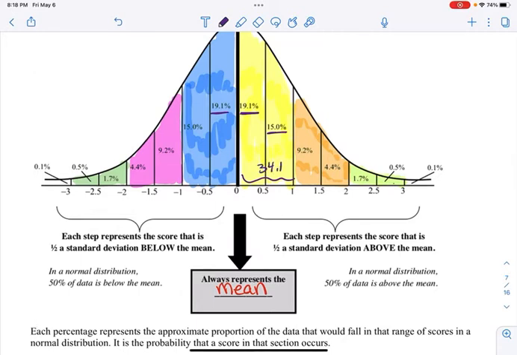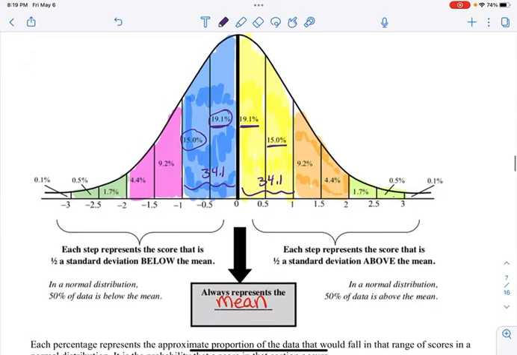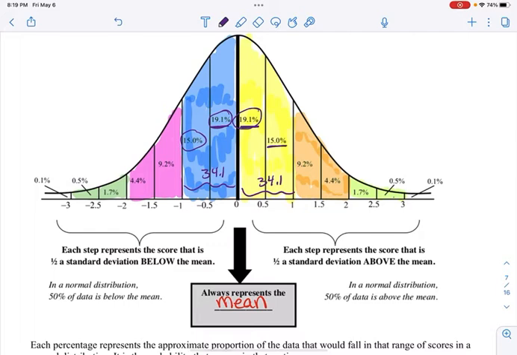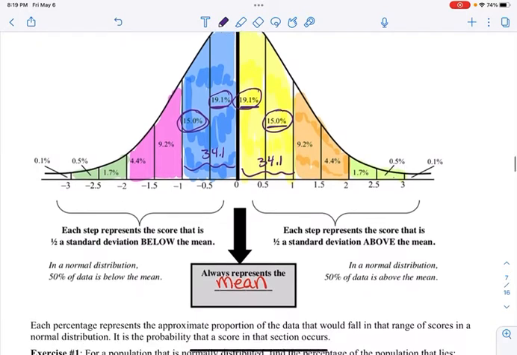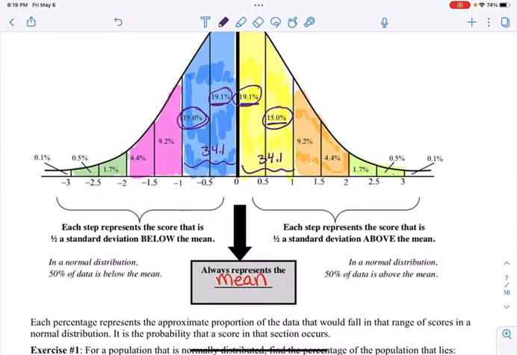And below the mean, again, I have 19.1 and 15. Together, that's 34.1% also. So all the scores that are 1 standard deviation below the mean and 1 standard deviation above the mean, those are the ones I have circled in purple right there. I added them together. It's 34.1 and 34.1. That's a total of 68.2.